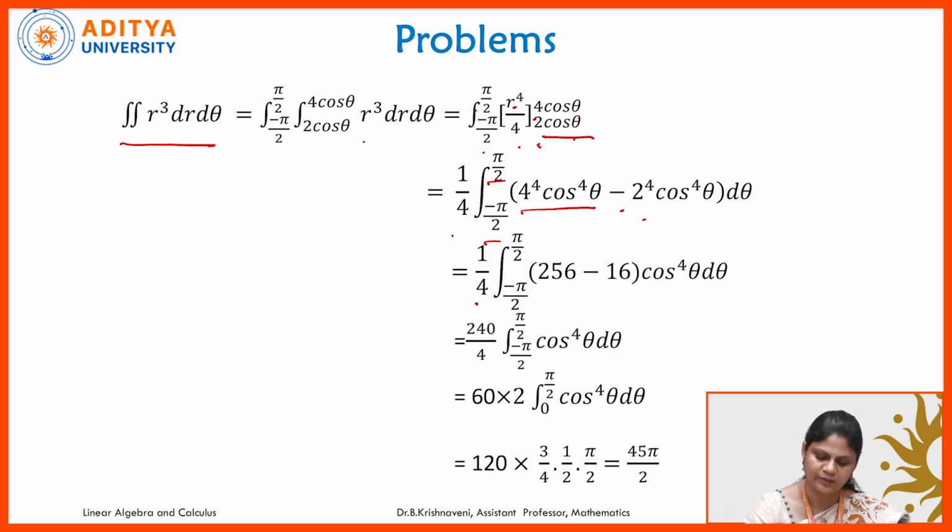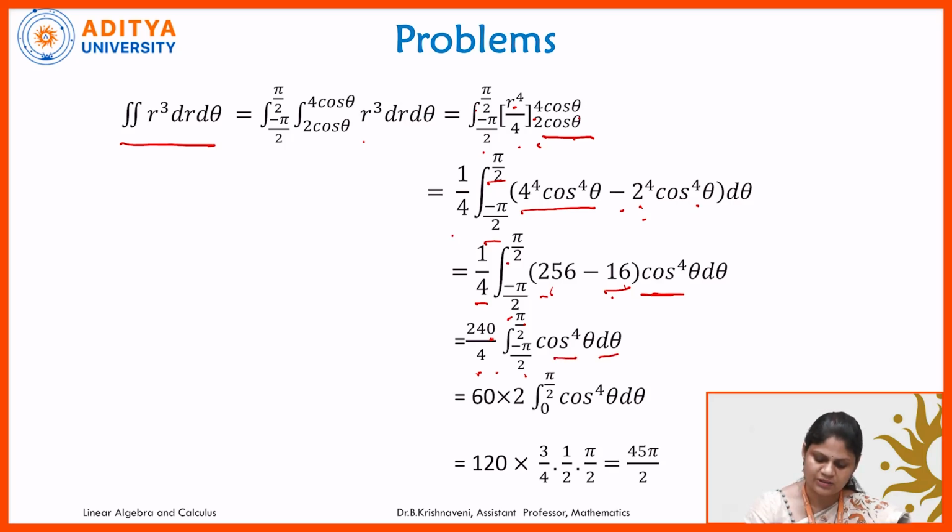That is equal to 1/4 integral from −π/2 to π/2, where 4⁴ is 256 and 2⁴ is 16, so (256 − 16) times cos⁴θ dθ. This equals 240 divided by 4, taken outside the integration, and the remaining integral from −π/2 to π/2 of cos⁴θ dθ.